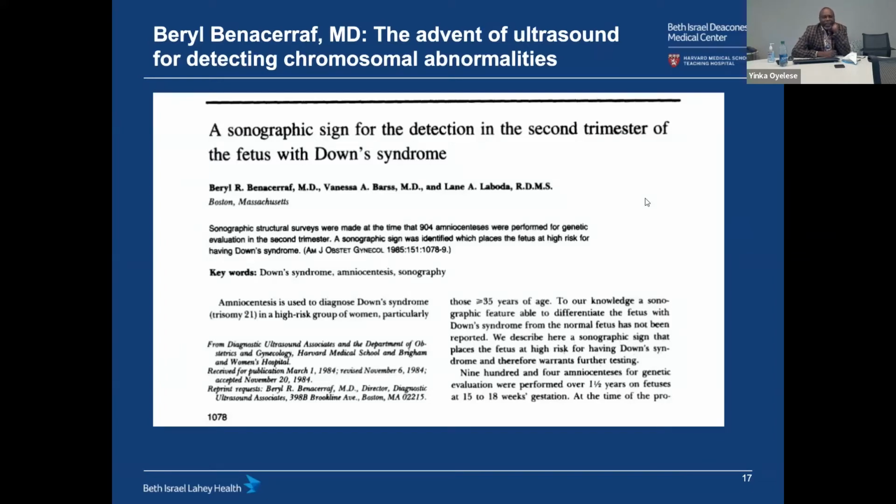At this time in 1985, when she published the first paper, amniocentesis was used to diagnose Down syndrome in a high-risk group of women, particularly those over 35. So amniocentesis was done if you were over 35. And for the first time, she described a sonographic sign in babies that had Down syndrome. And what she was saying was, perhaps we should not use 35, but perhaps if you have this finding.